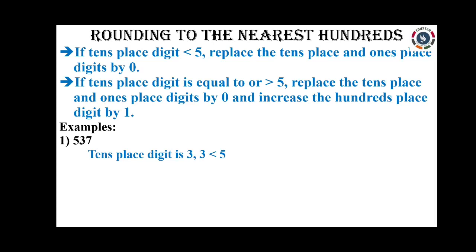Here the tens place digit is 3, ones place digit is 7. So we have to make 3 and 7 as 0. So 537 is rounded off to 500.